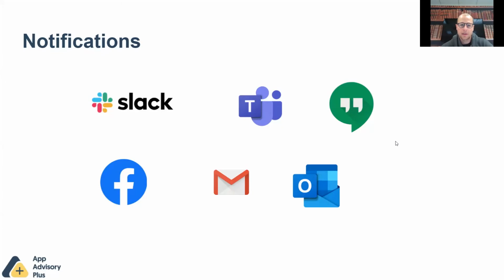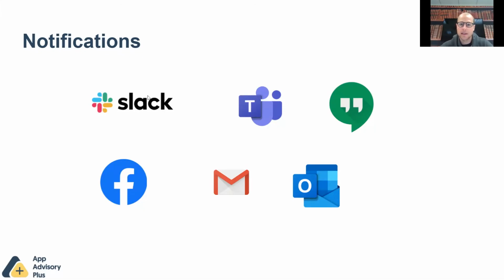With notifications, these are mostly going to be action steps. Something's happened in a different app, a trigger, and you want to send a notification out to the place that you look for these kind of things, or your team goes for these kind of things.